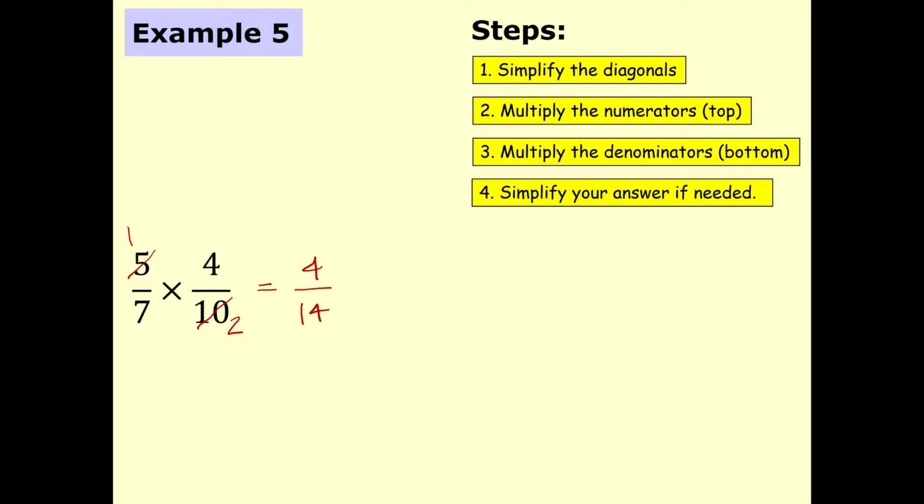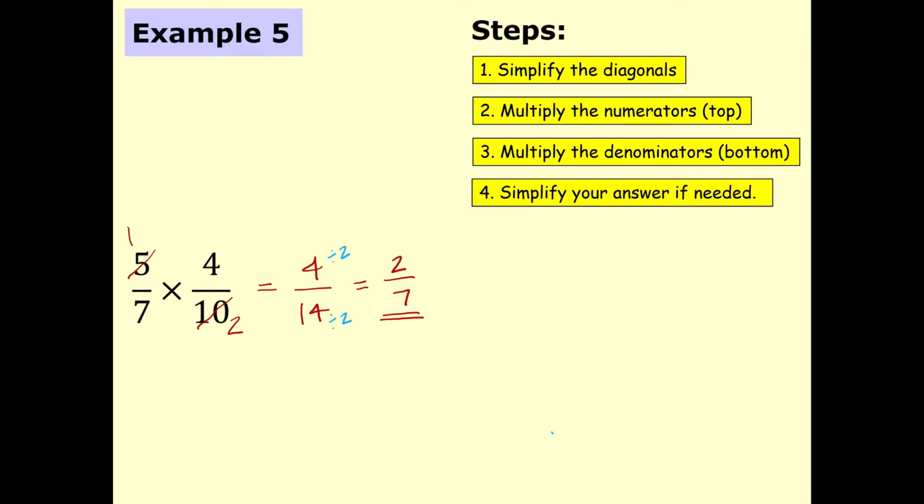They're both in the 2 times table, so we can divide them both by 2. So you're using your skills of simplifying fractions for this. 4 divided by 2 will give you 2, and 14 divided by 2 will give you 7. So make sure your answers are fully simplified.